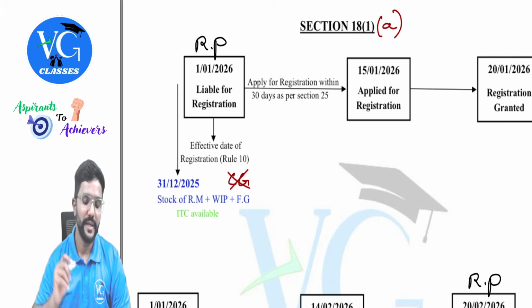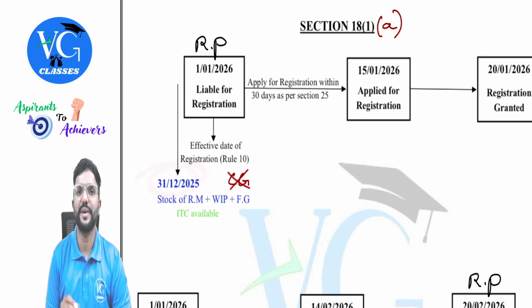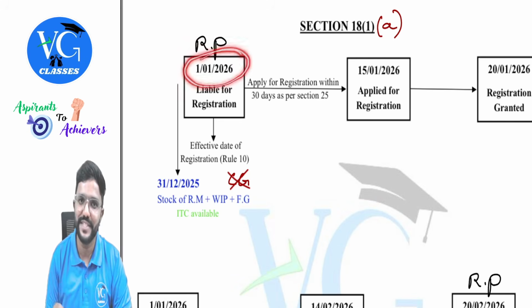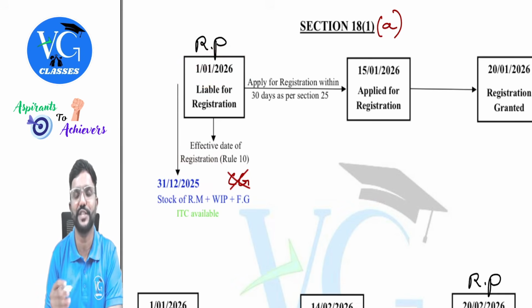But anything which I have purchased before 1st January, if I am having it as my stock on 31st December 2025, that is the immediately preceding day, even though I purchased it when I was unregistered, when will I use it, guys? On or after 1st January? Yes, because the closing stock on 31st December will become the opening stock on 1st January.